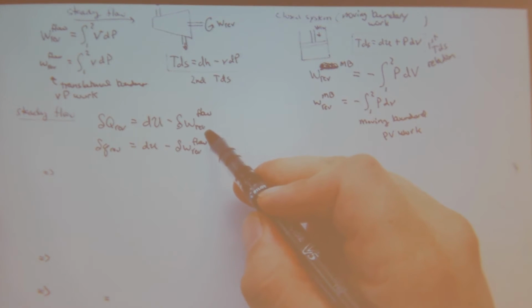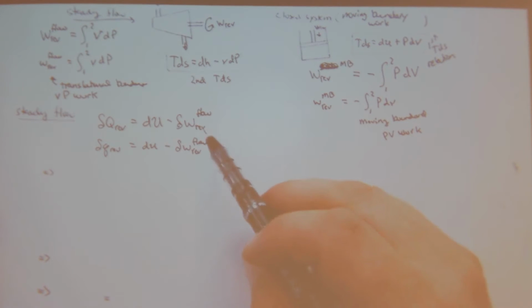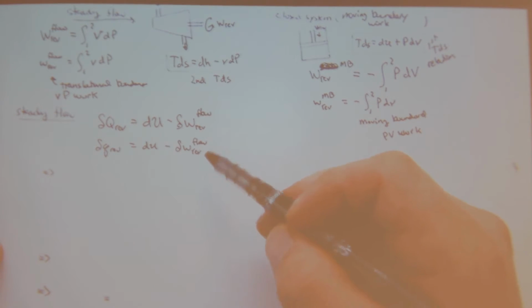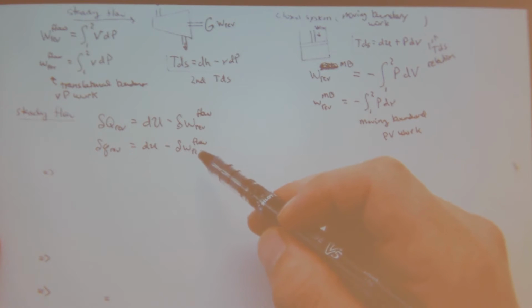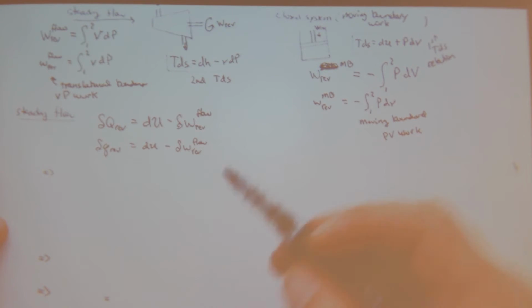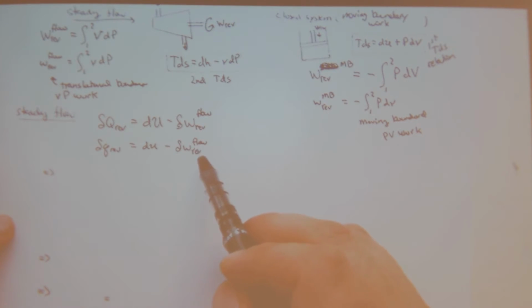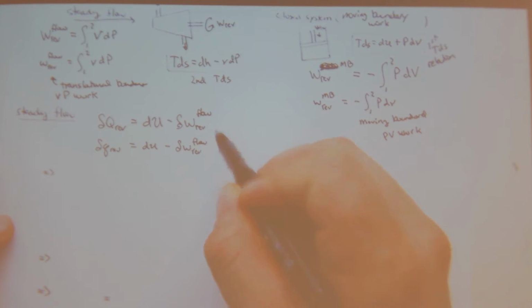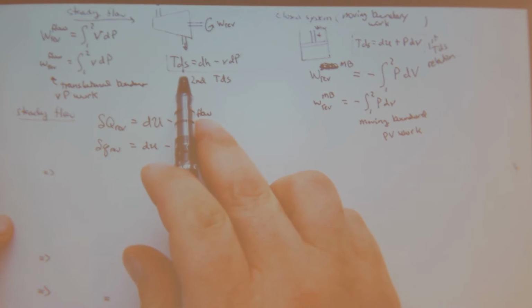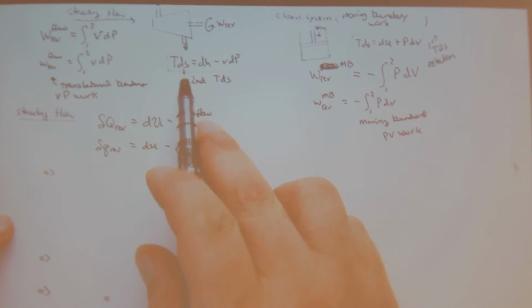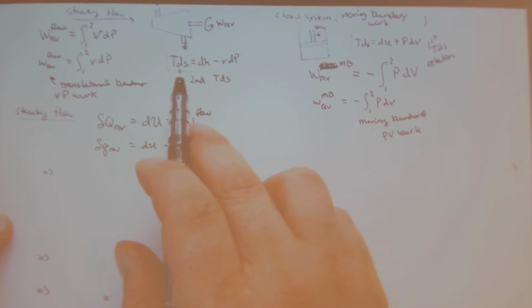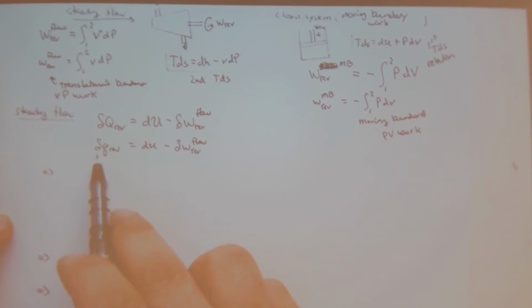But now I'm doing flow. I could do boundary. This expression just changed whether I have flow or boundary. It still worked. But given I have flow, I also know from my second TDS relationship, right, what is this equal to? TDS. It's equal to that.